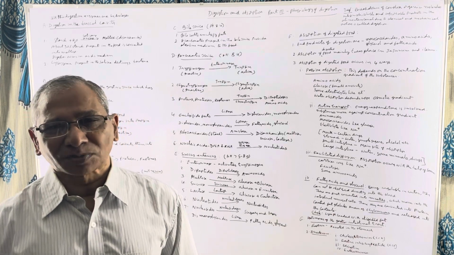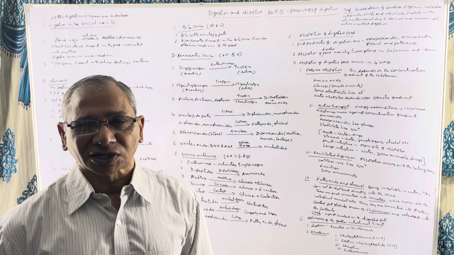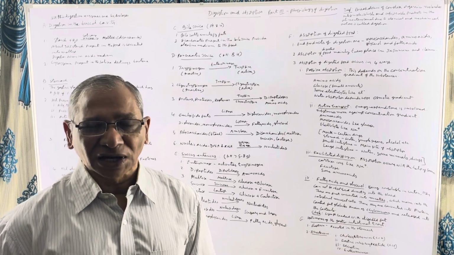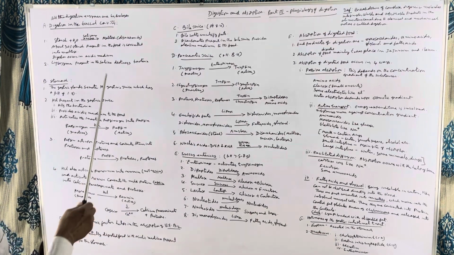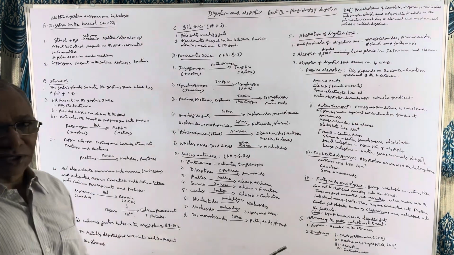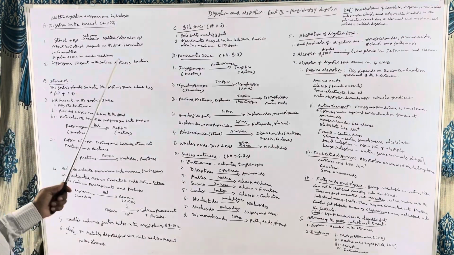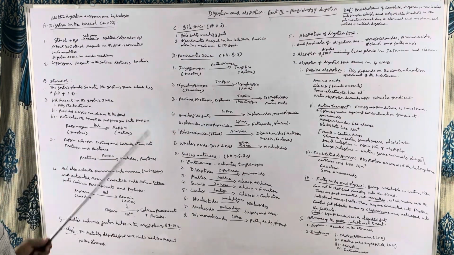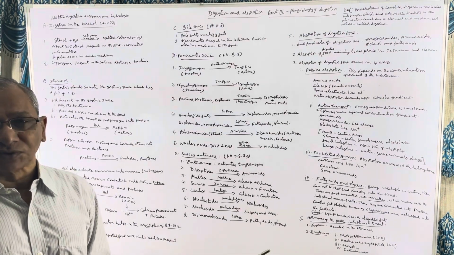Chemical action is brought out by the various types of enzymes that are secreted by the digestive glands. Now let us see how the process of digestion occurs. Digestion always begins in the buccal cavity. In the buccal cavity, there are three pairs of salivary glands.